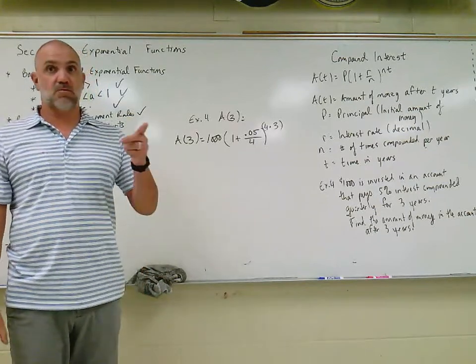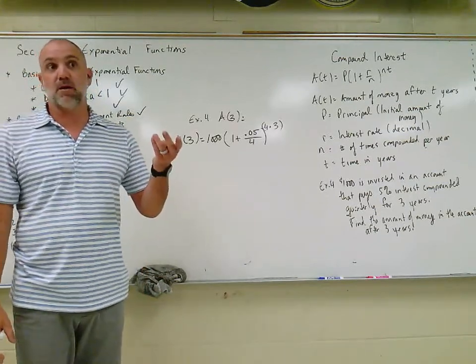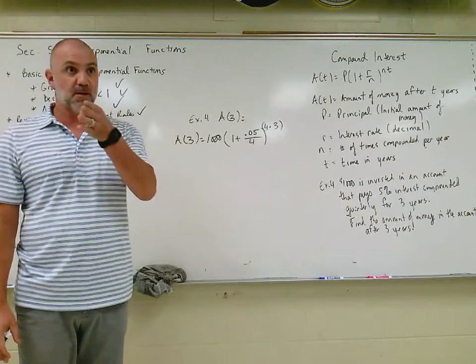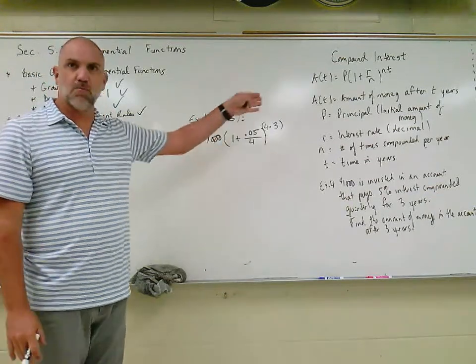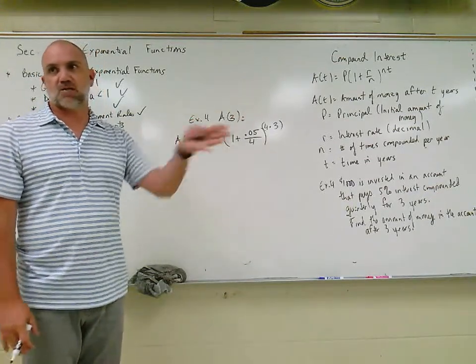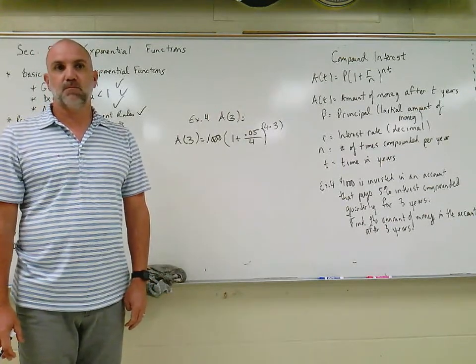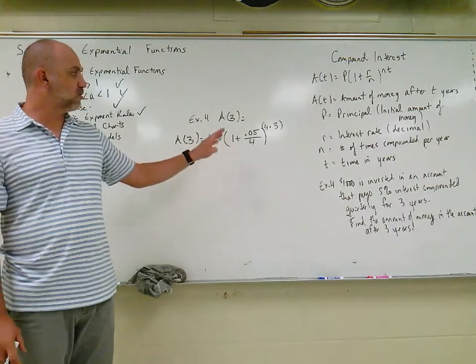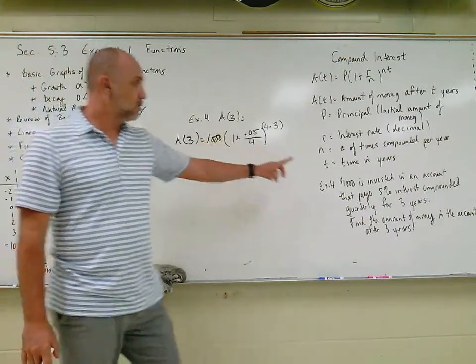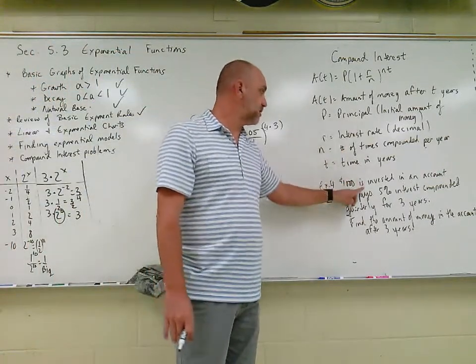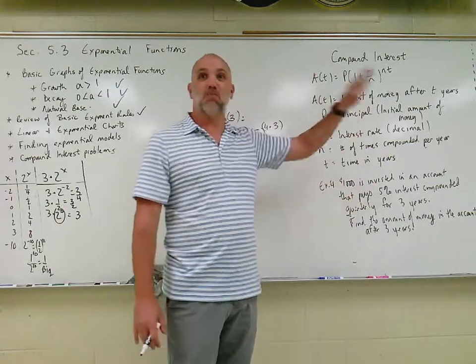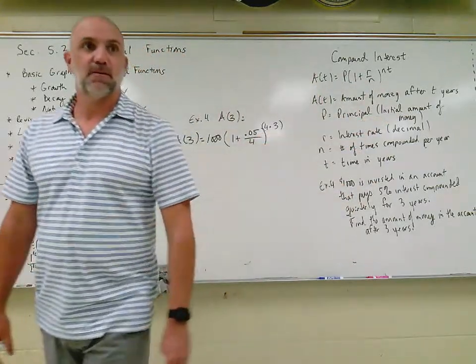It's just plug and crank now. All you have to do is type it in. Because once you know where each number goes, that's how you use the formula. Okay? Any questions? How do I know if 1,000 is P? It's the invested, it's what you plug in at the start. Okay?